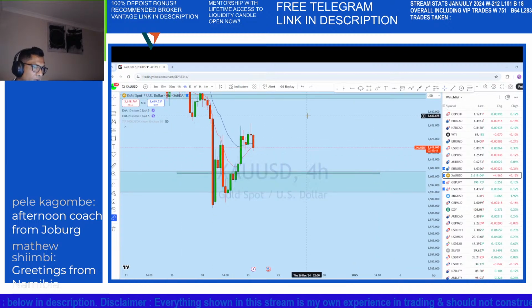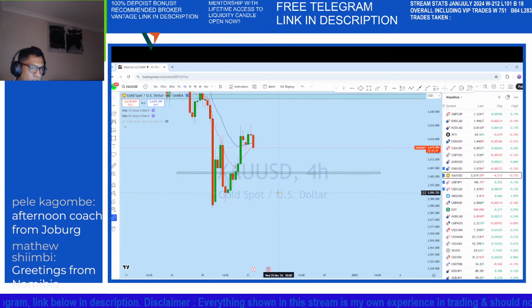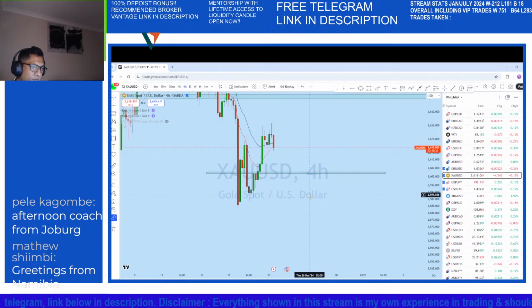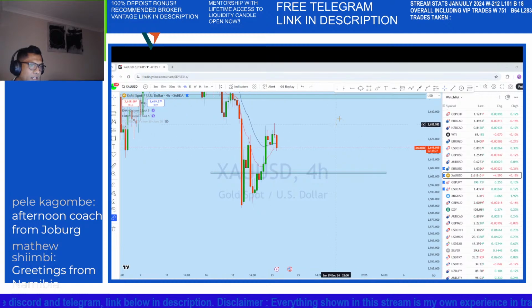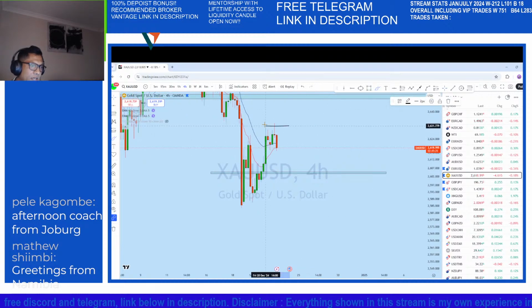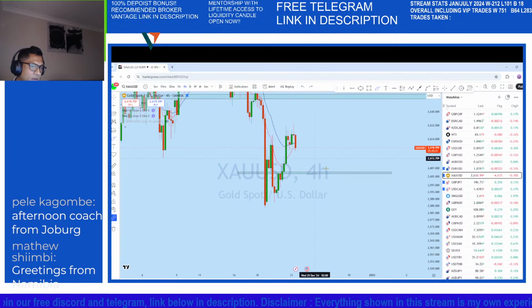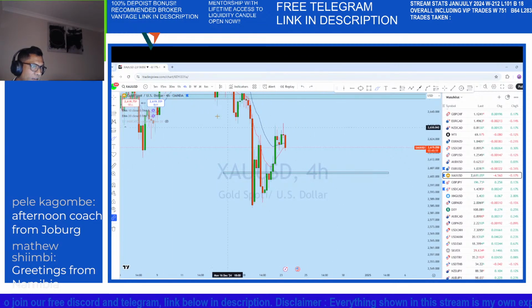With that support level, expecting the price to come back below this level where there is a high liquidity. So on the lower time frame, we will be looking for a potential selling opportunity in the market as soon as we find it. As you can see the price grabbed the liquidity, we could see it coming down further to this level here.